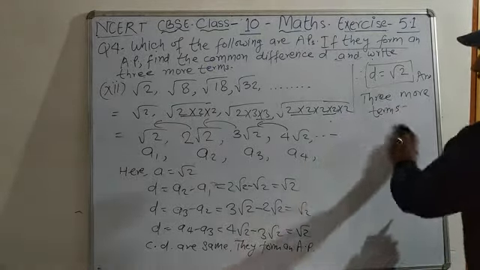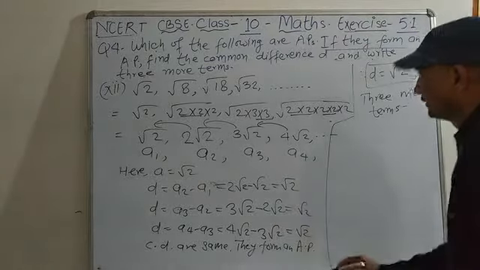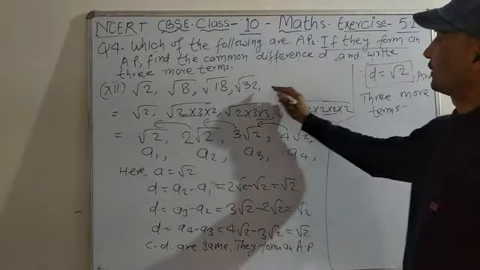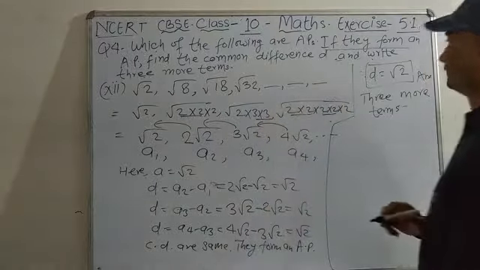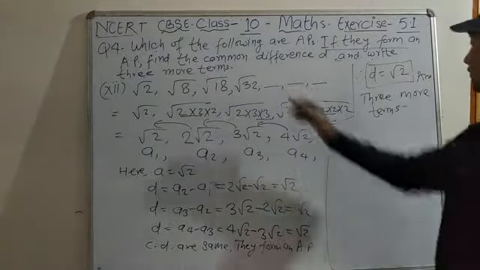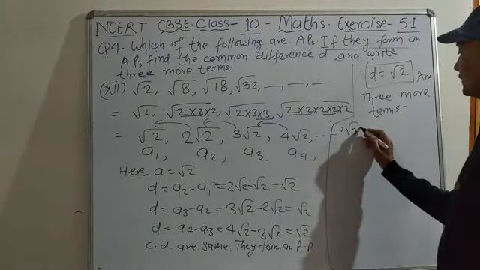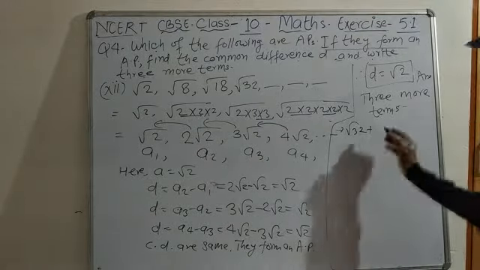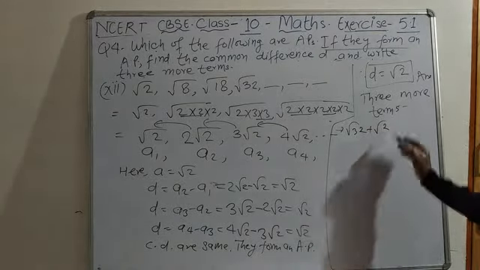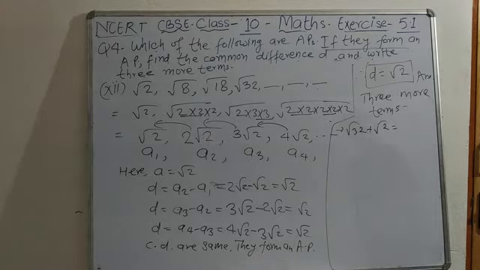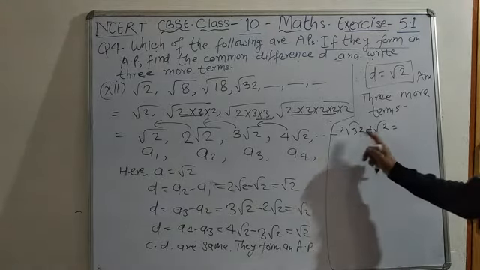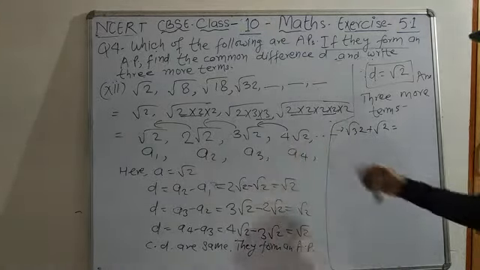Now see these 3 more terms. Here we need 3 more terms: 1, 2 and 3. The last term is our root 32 plus d. D is root 2. And root 32, see how to write it. Root 32 is 4 root 2.